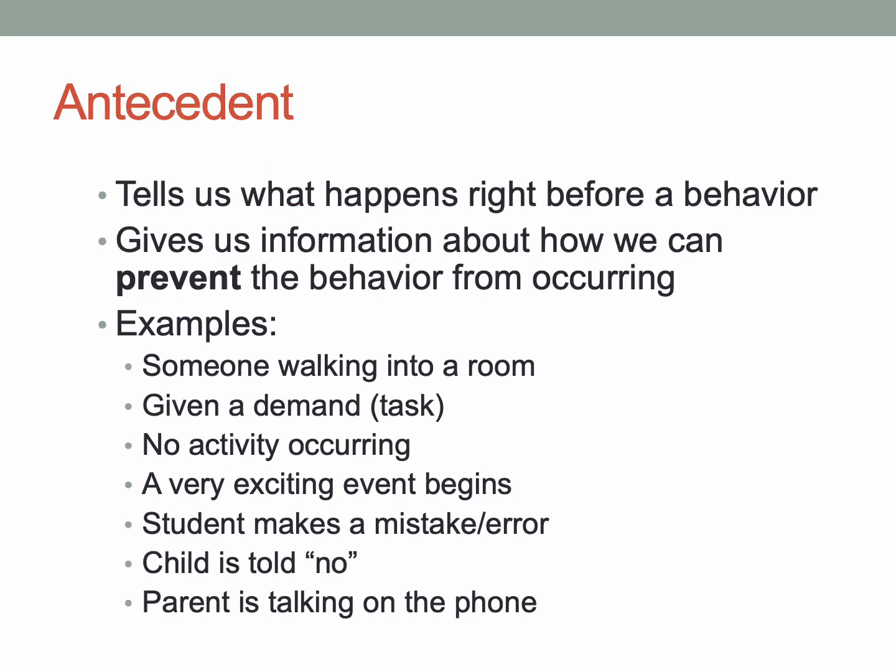Antecedents tell us what happened right before a challenging behavior. So by having consistent, repeated observation, you can figure out the patterns between A and B. So you can prevent the challenging behavior from occurring. For example, a person just walked into the room and my student starts to scream.